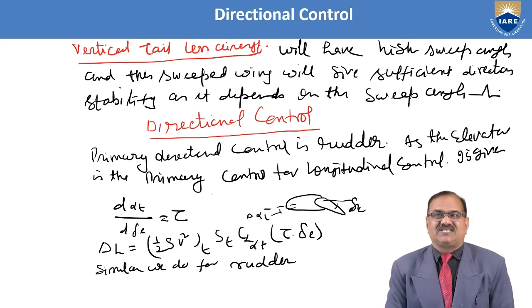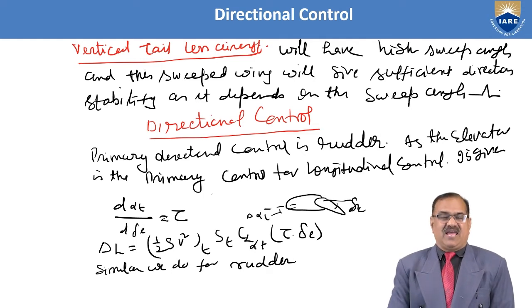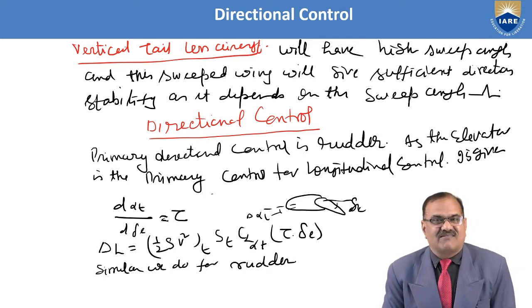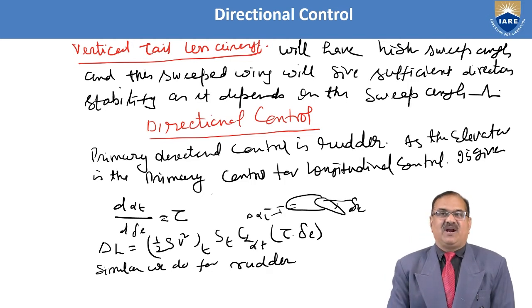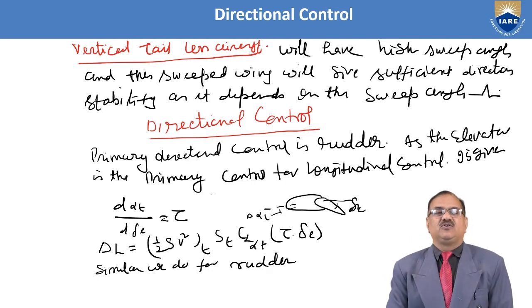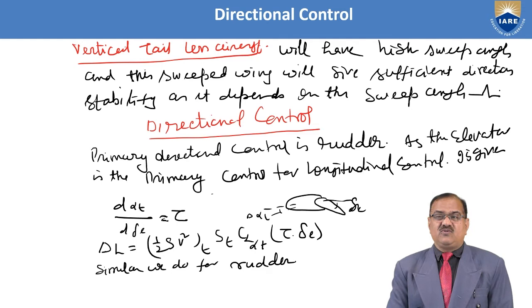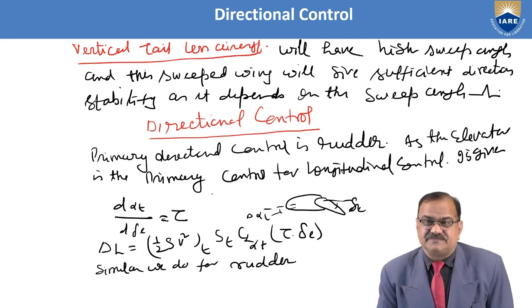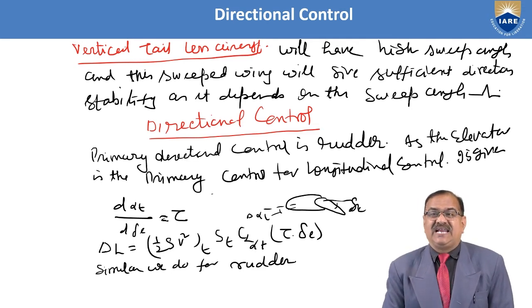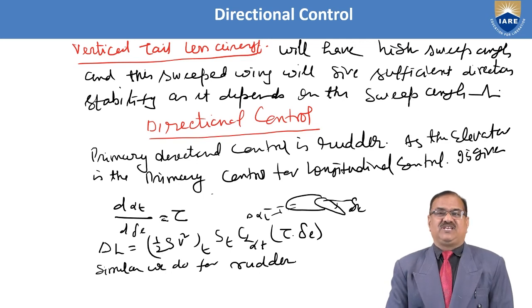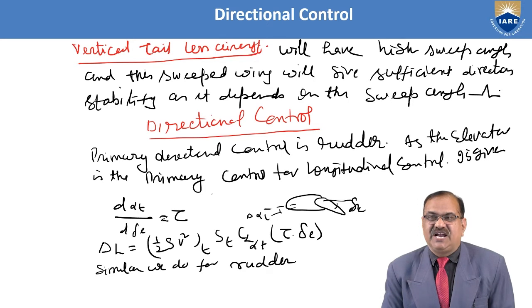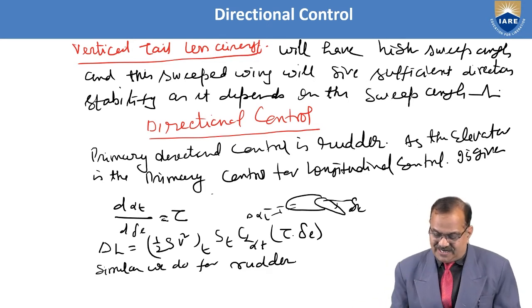The primary directional control is the rudder. As the elevator is the primary control for longitudinal control, for directional control we have to use the rudder. It gives dα_t/dδ_E equal to tau. So Δα is equal to half ρV² S_t C_Lα_t τ δ_E. Okay, this we have already.